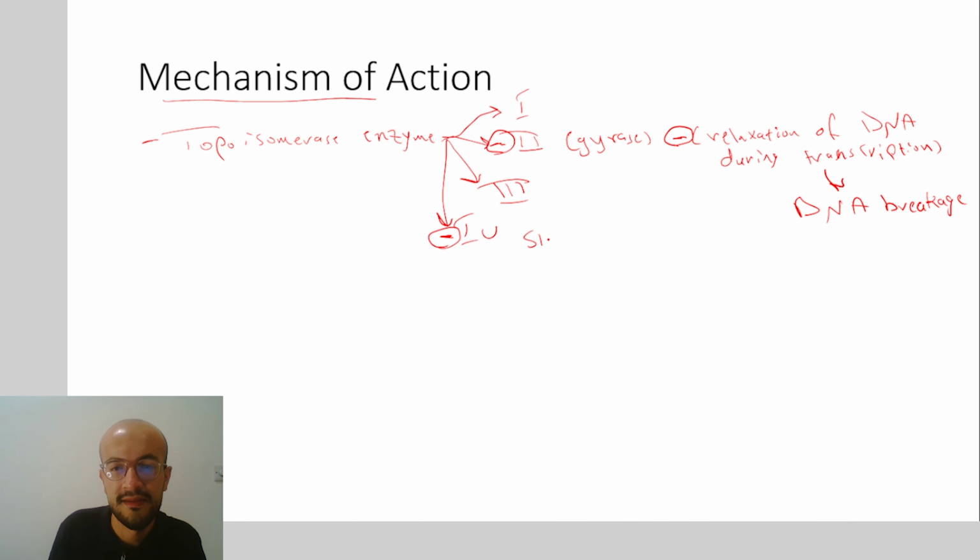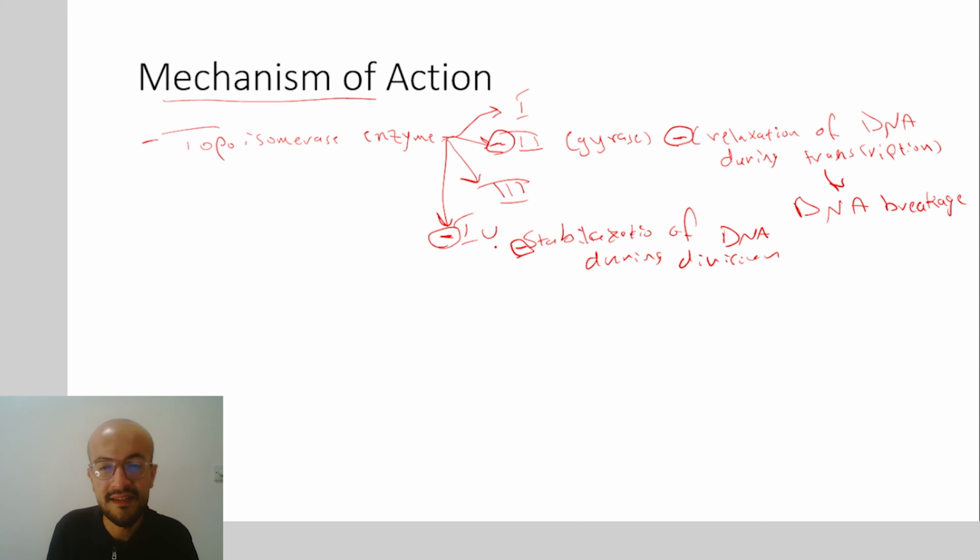So it stabilizes DNA during division, and inhibiting this enzyme leads to incomplete division of the bacterial DNA, and this would lead to death of the bacterial cell, and it is a bactericidal drug, so it kills the bacteria.